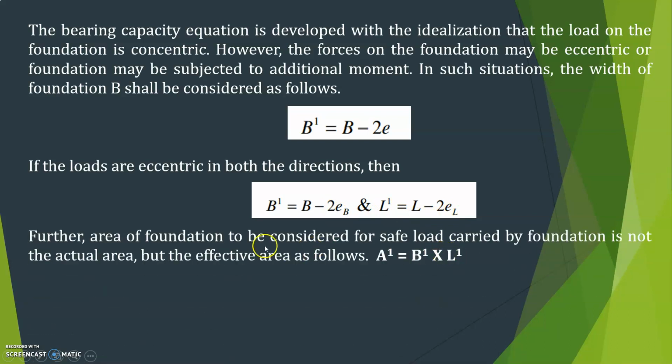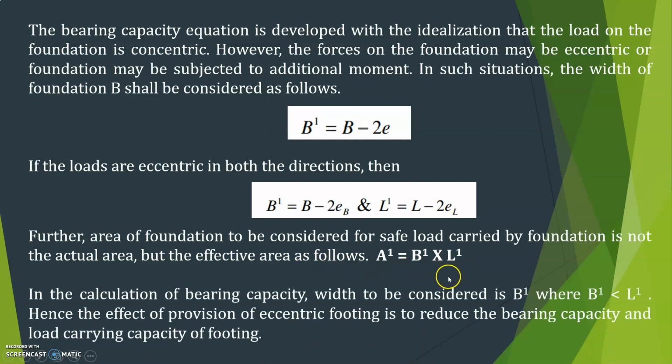Further, the area of foundation to be considered for safe load carried by the foundation is not the actual area, but the effective area. That is A dash equal to B dash into L dash. So when calculating the area, you have to consider A dash, equal to B dash into L dash.